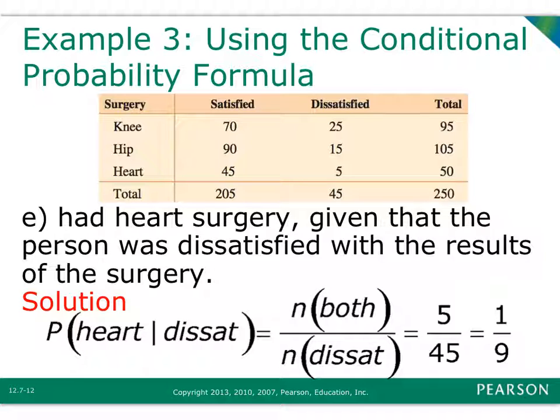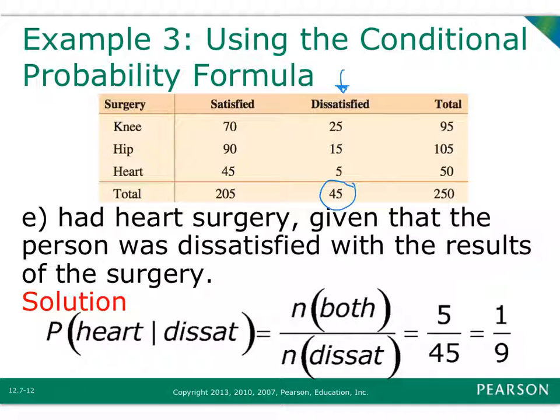The last question says, what's the probability that a randomly selected patient had heart surgery given that the person was dissatisfied with the results of the surgery? So now we're looking at the given, which is either a column or a row. In this case, the given was dissatisfied, so that's always the denominator.